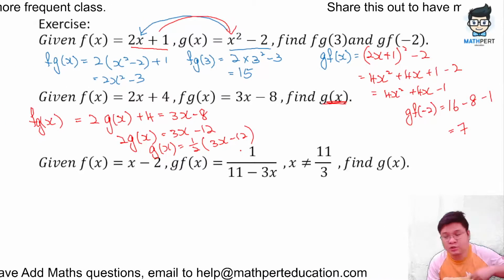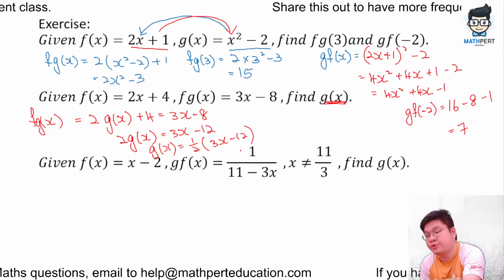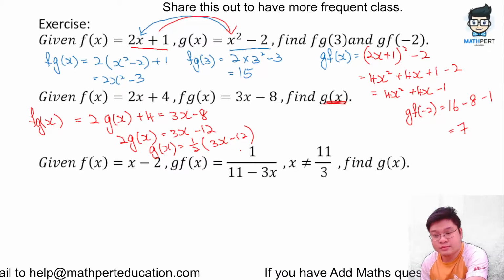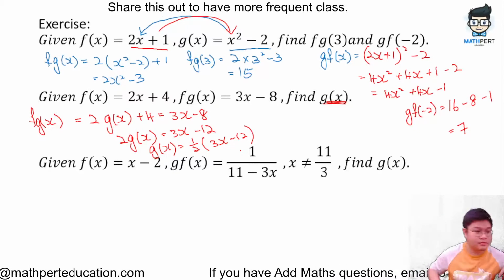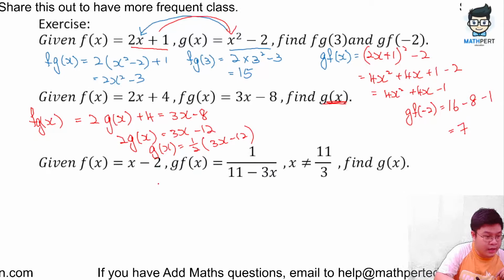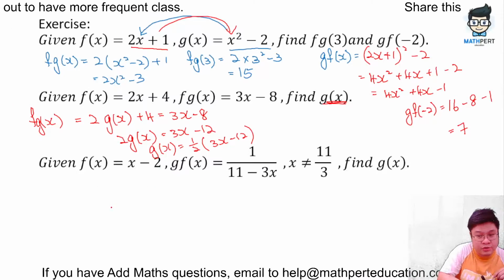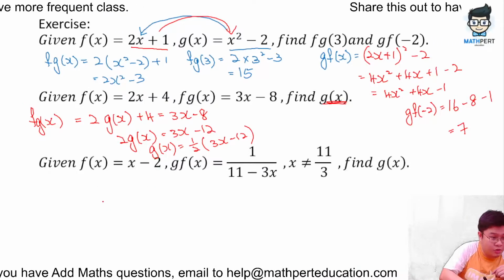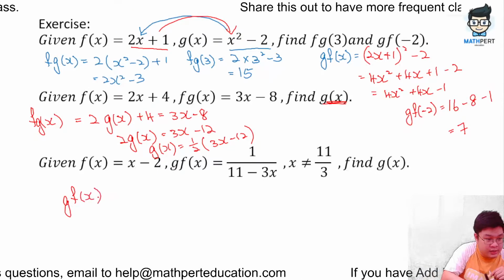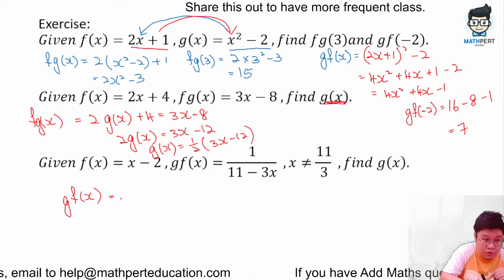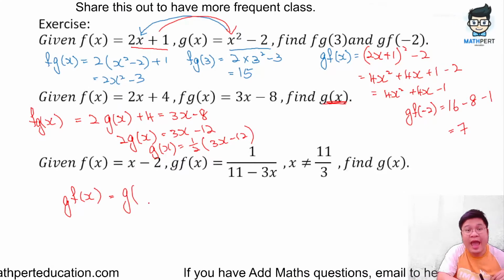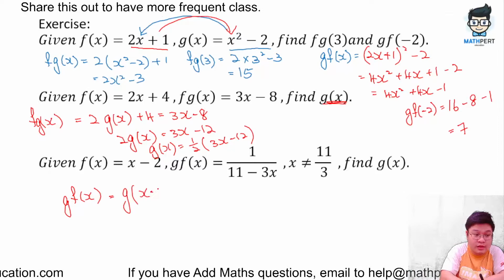Okay, so this is quite similar with the previous question that we did. So, how do we do this? Okay, so gf(x) is equal to this. Alright, so gf(x) is equal to, f(x) will be x minus 2, isn't it?